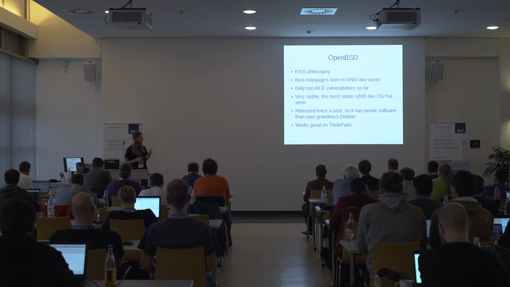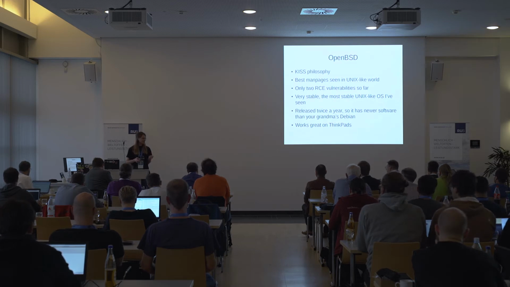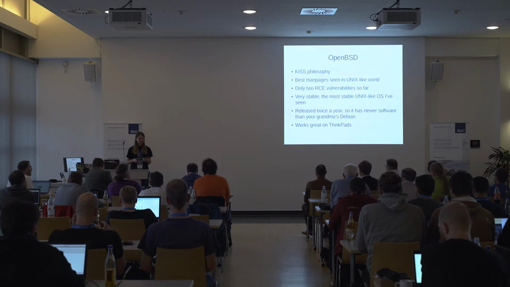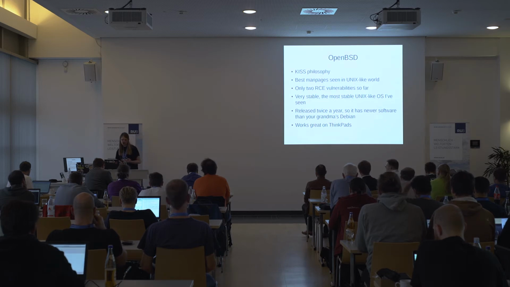It's released twice a year, about April and October, so the software doesn't get old. Your grandma's Debian is probably much older. Each release is supported for 1 year, so the 2 latest releases are supported at the same time. And as it turns out, OpenBSD developers run OpenBSD on ThinkPads, so ThinkPads are supported great.